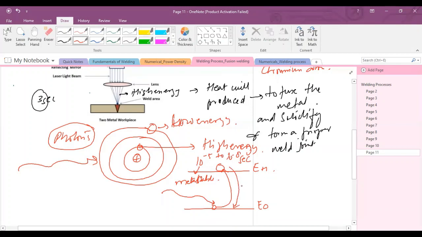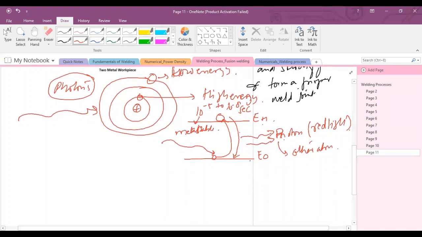When it jumps from the higher energy state to the lower energy state, it will release one photon, and that photon will be in the form of red light. This photon further strikes other atoms.